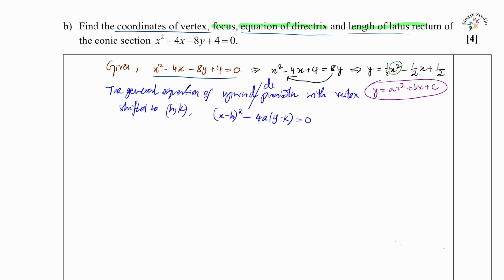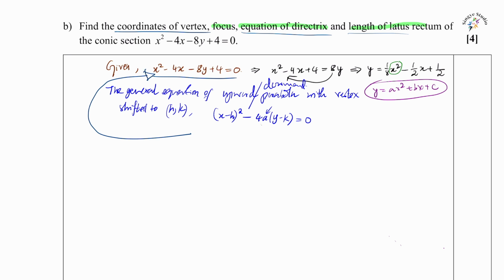It can also describe the downward parabola. For upward and downward, it will depend on the sign of this a, which is the distance between the vertex and the focus. Now we have to modify this equation in such a way that it resembles this.